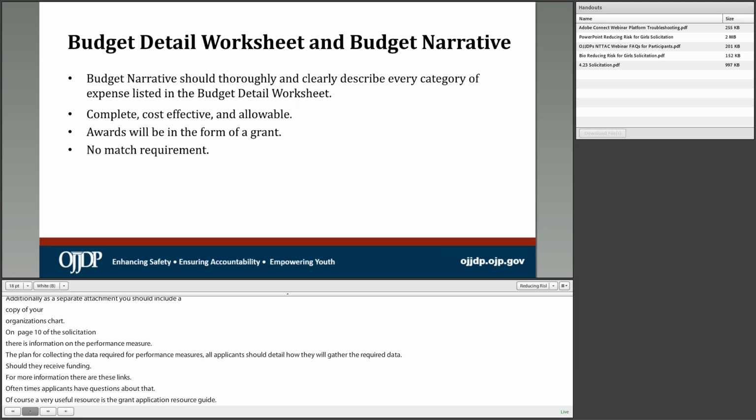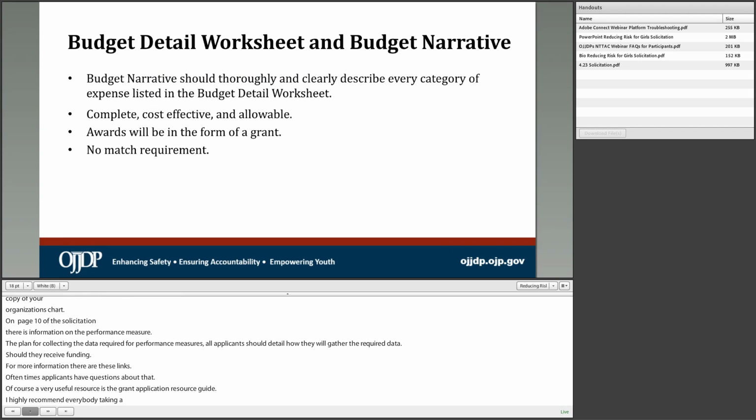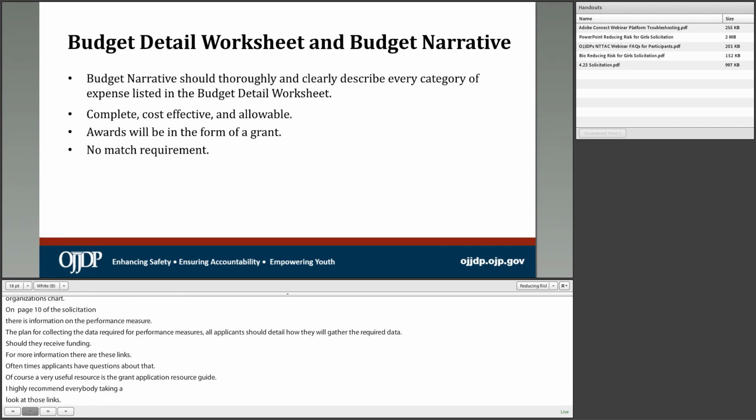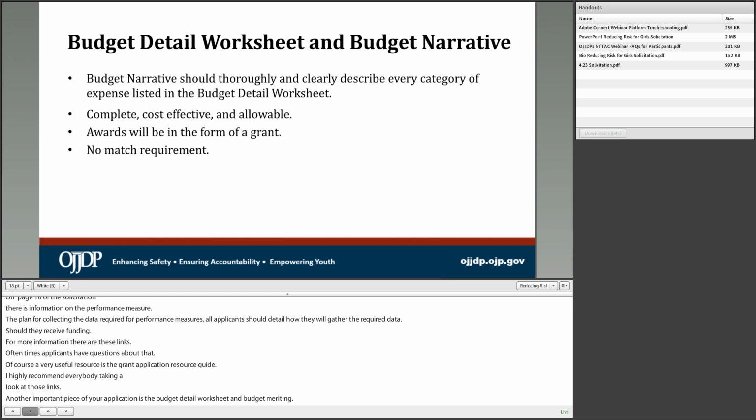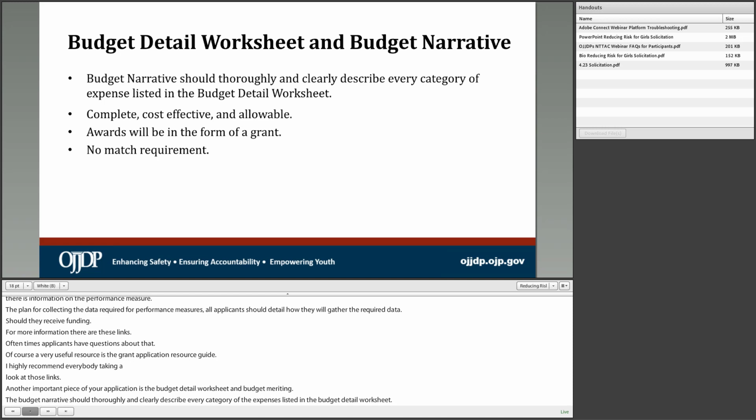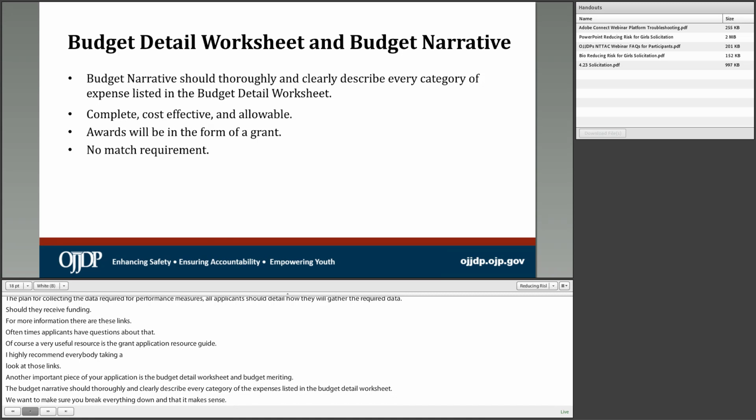So another important piece of your application is the budget detail worksheet and budget narrative. The budget narrative should thoroughly and clearly describe every category of the expenses listed in the budget detail worksheet. You want to make sure you break everything down and it makes sense, that everything is cost effective and allowable.